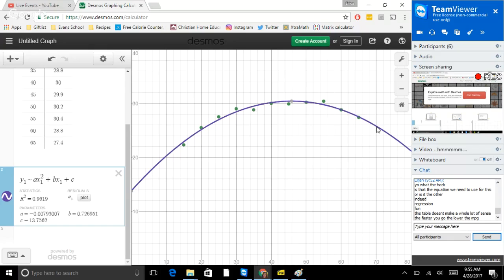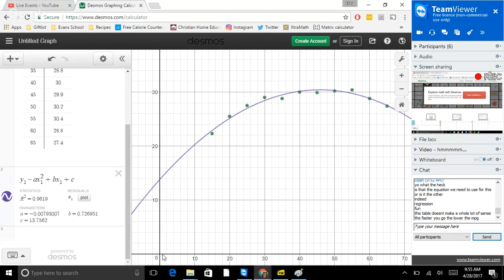Now, is this a perfect model? No, because if I'm at 0 miles per hour, there's no way that I'm getting 13.7 miles per gallon.